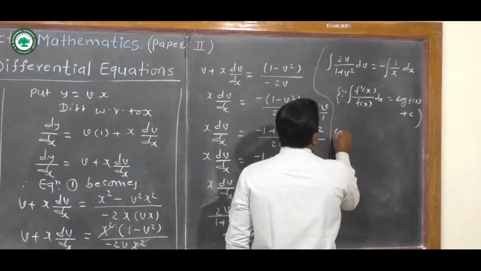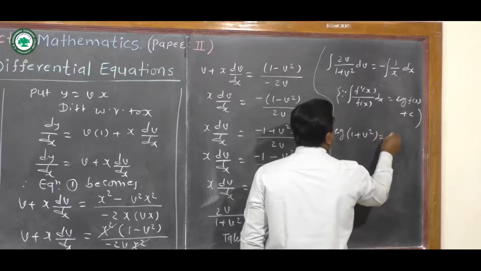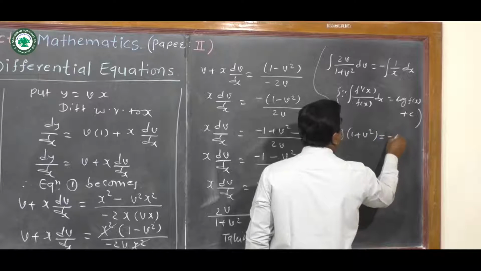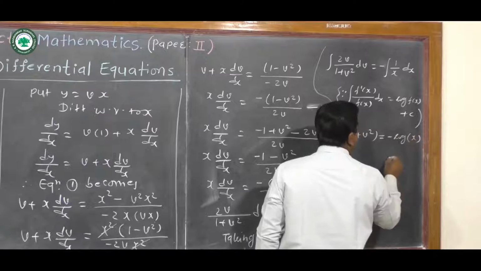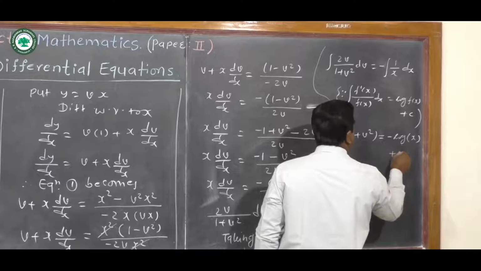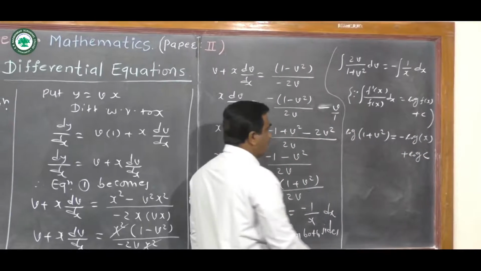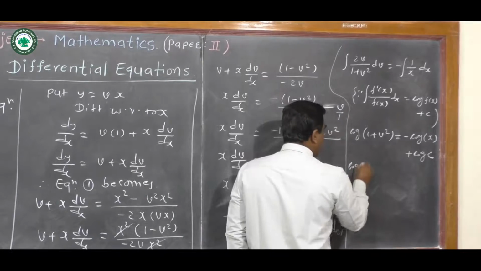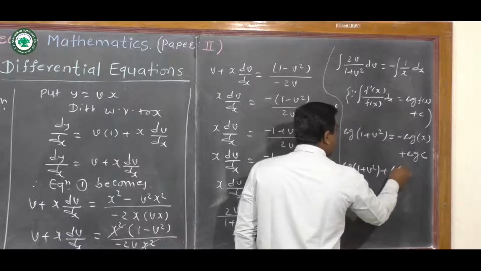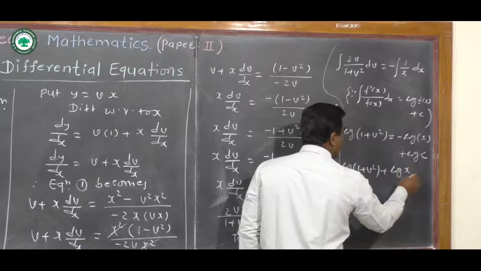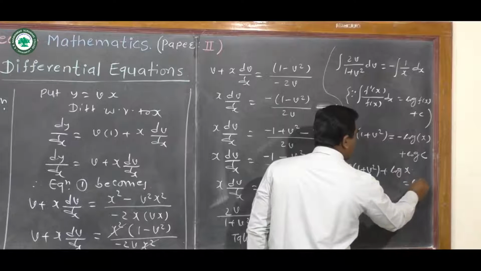Therefore log of 1 plus v square is equal to minus integration of 1 upon x, log of x, and we can take the constant of integration, plus log c. That is, we can write here log of 1 plus v square plus log x is equal to log c.